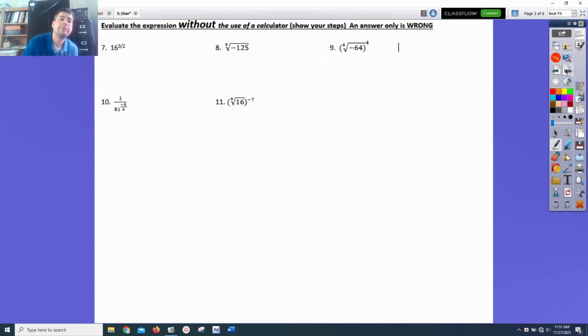All right, evaluate without the use of a calculator. What you do need to remember here is that even roots have two answers, plus or minus.